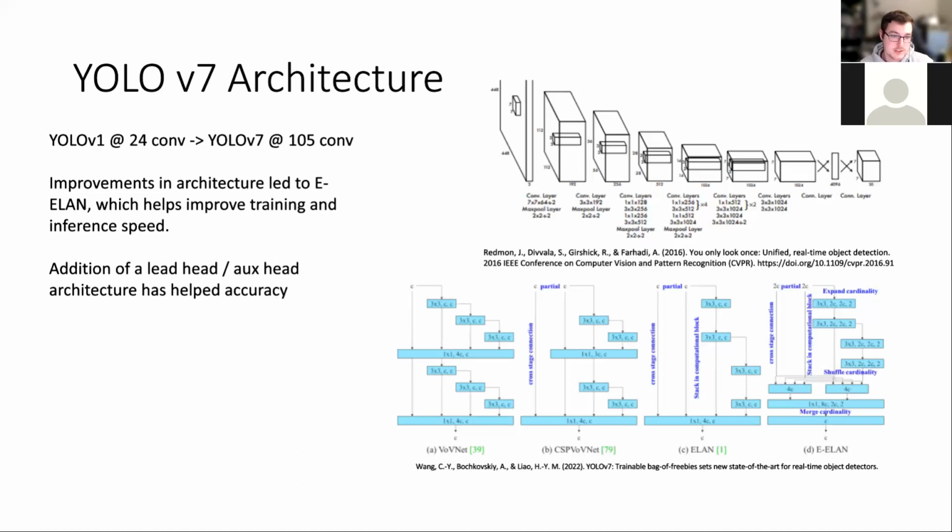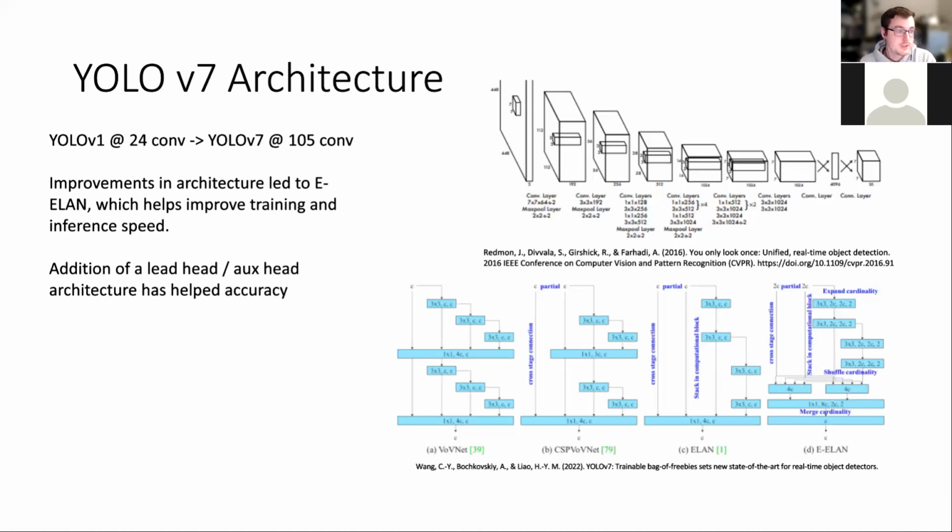They also added in a lead head auxiliary head architecture that has helped out accuracy. The lead head determines what class each object is, and the auxiliary head is kind of an in-between between the input and the lead head that also predicts the class and tries to help the weights remain relevant from the beginning of the network.